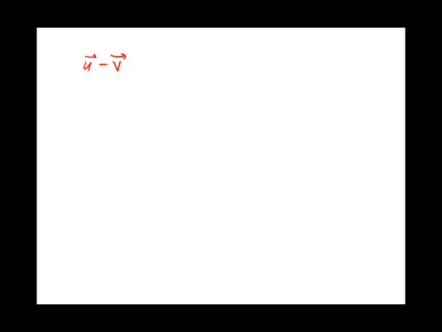Let me draw vector u here. Then at the end point of the vector u, you draw the vector which is opposite to v in direction and has the same length. It's the same as vector minus v. Look, u minus v is the same as u plus minus v.